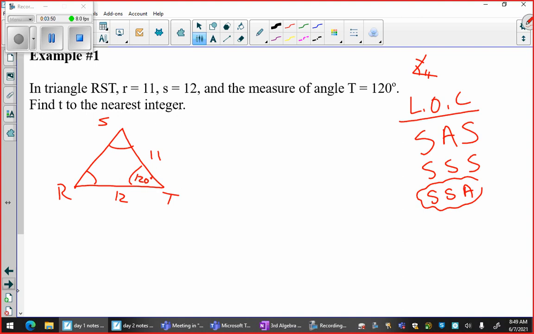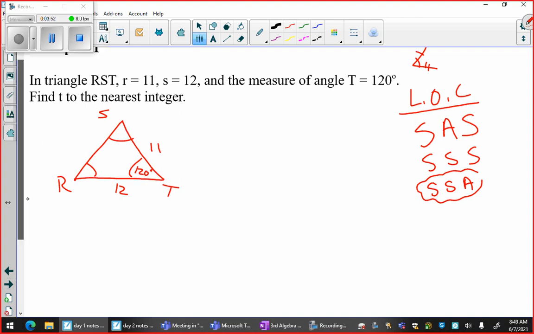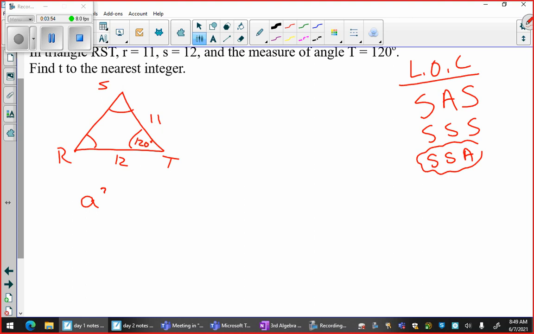So let's write down the formula. I'm going to go from that last page. A squared equals b squared plus c squared minus 2bc cosine of A. Again, it's not A, B, and C. So I'm looking at angle T, cosine of 120.